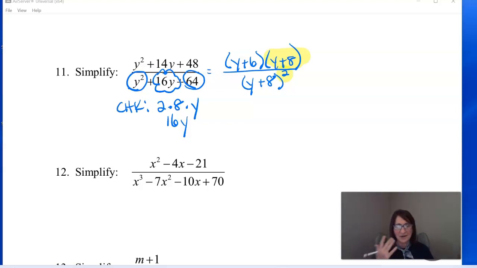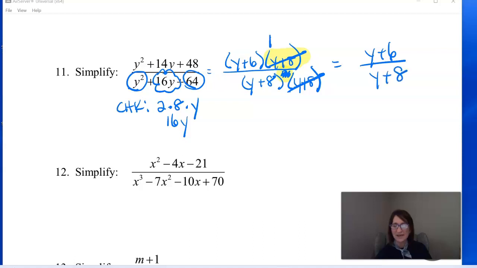So what is easier, instead of putting y plus 8 with the exponent of 2, I'm going to erase that and put y plus 8 twice. Then I can clearly reduce those to 1. And so I'm left with y plus 6 over y plus 8.